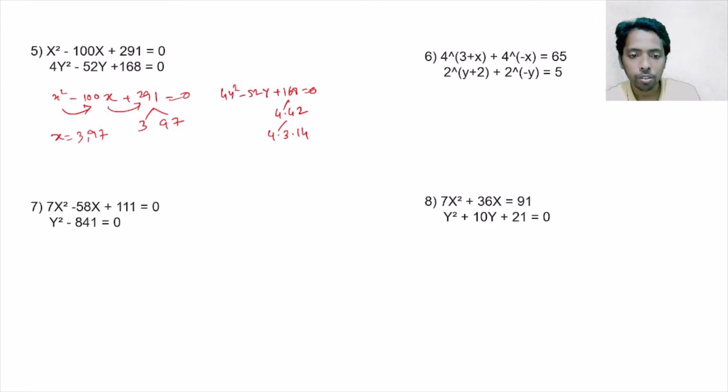There is one more 4 available, so the total factor is 4 into 4 into 3 into 14. We have to find two numbers whose summation is 52. Why? Again the same logic, positive to negative, negative to positive. Two sign changes mean two positive roots, which sum up to 52. So you have to find two numbers whose sum gives 52. I think this much guidance is enough to find the two roots here.